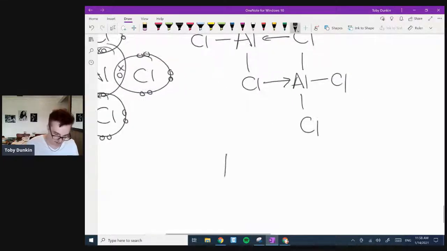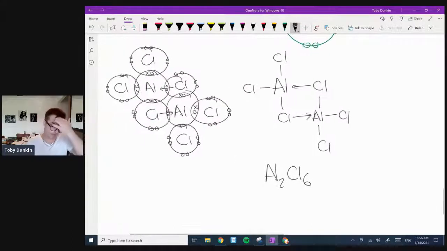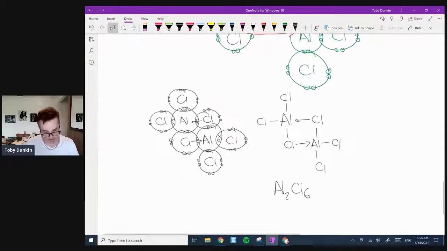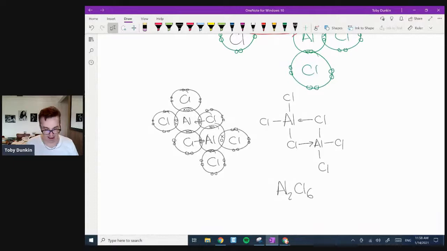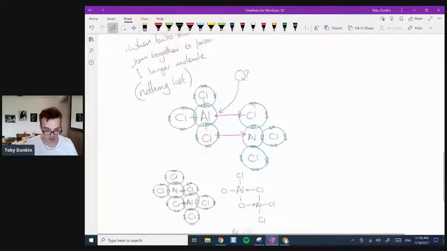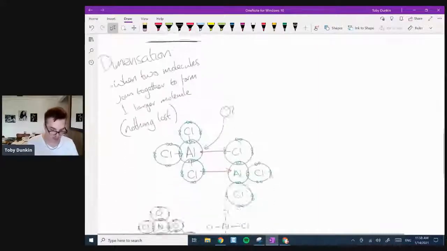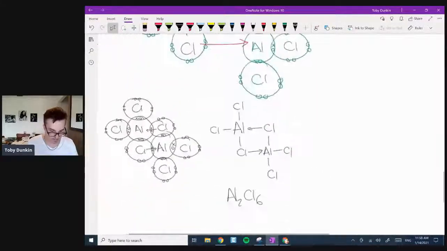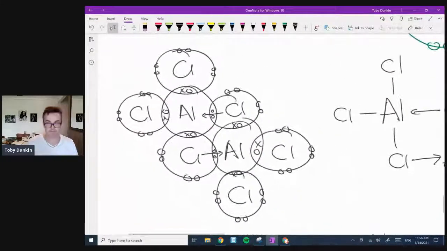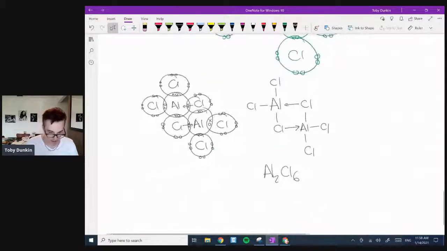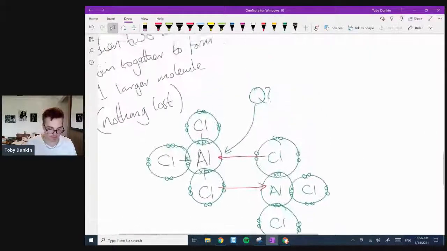So that then becomes Al2Cl6. If anybody's wondering if this can continue, under very extreme conditions you can actually form a giant polymer structure, but you don't have to cover that. So dimerization is lovely from the example of the dative covalent. They love this example, guys. It appears a lot in the exams.